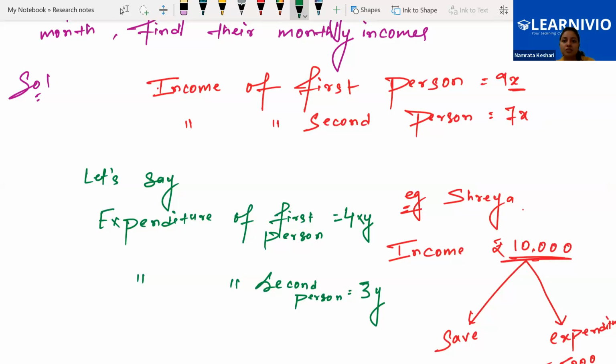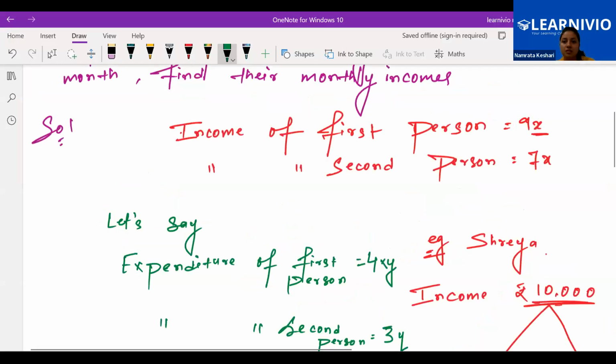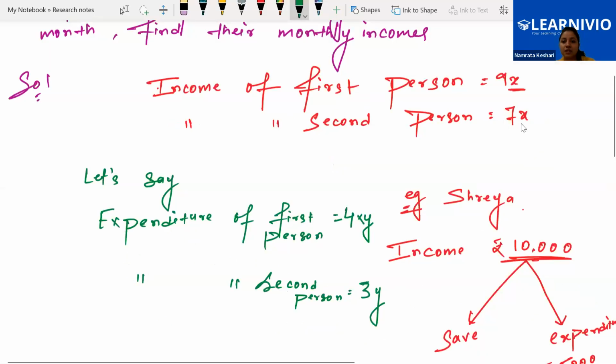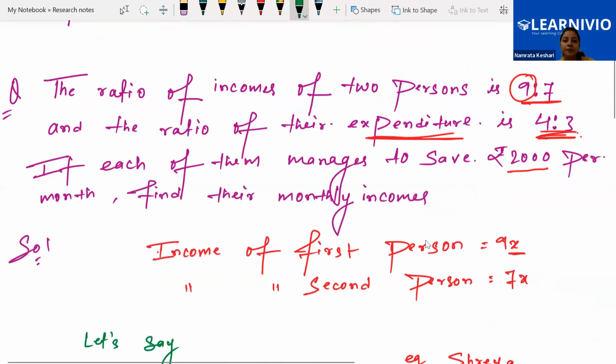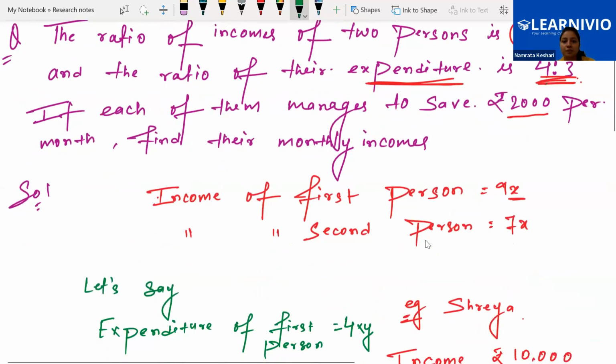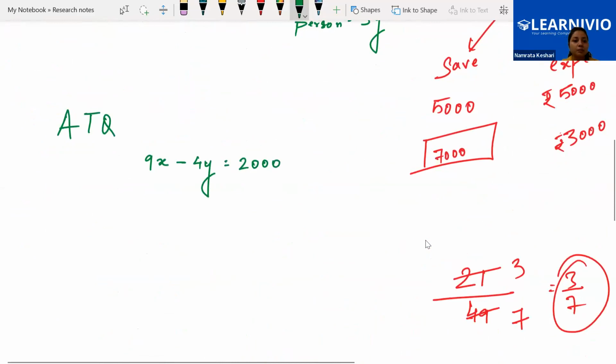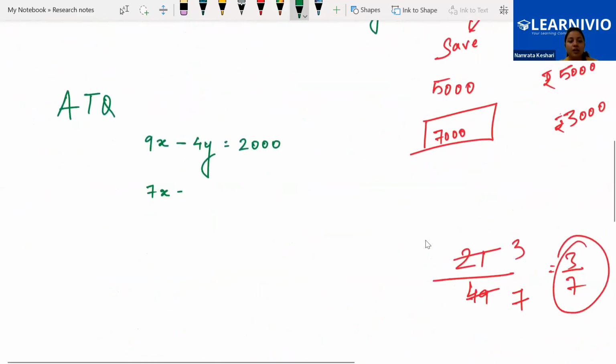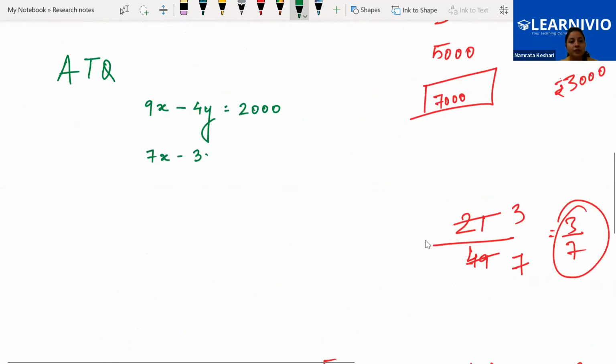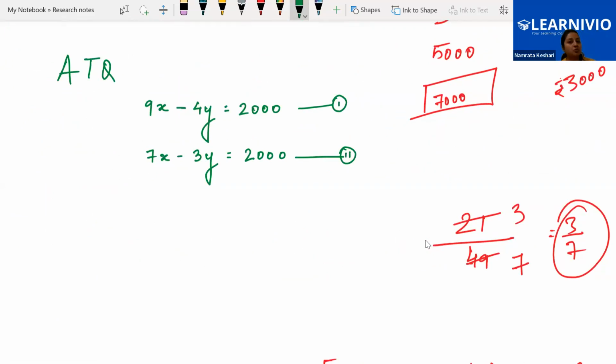It will be 7x minus 3y is equal to 2000. This is equation number 1. This is equation number 2. We have successfully framed two equations.